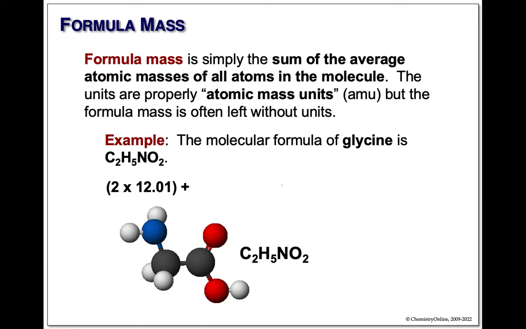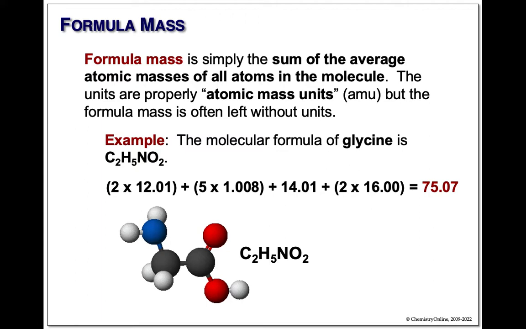We have 5 hydrogens. Each one is 1.008. We have 1 nitrogen at about 14, and 2 oxygens at about 16 each. We multiply all this out, we add it together, and we get 75.07 atomic mass units. That's the formula mass.